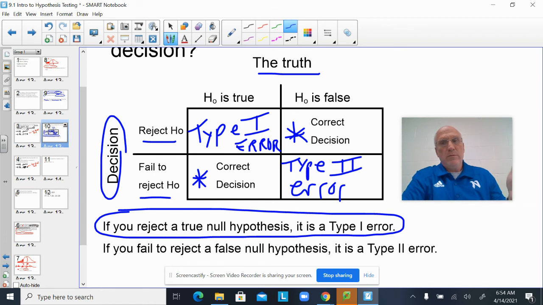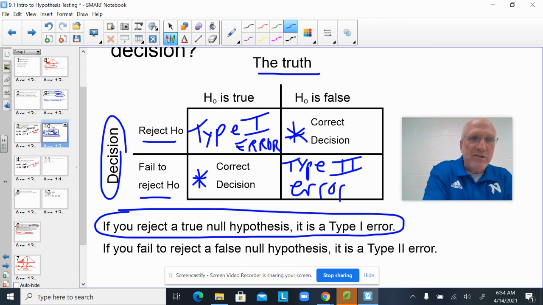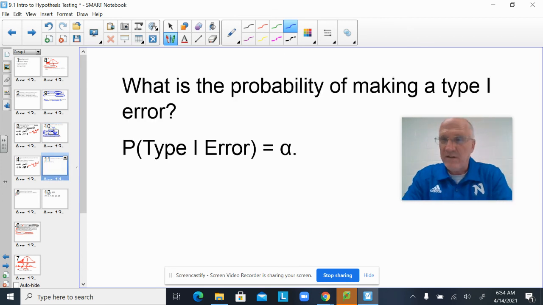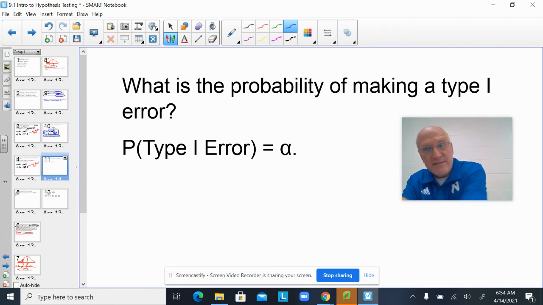Well, any p-value less than 5%, like if I happen to get a result that only happens 5% or less of the time, I'm going to reject the null hypothesis when I shouldn't. So it turns out, this is good news actually, that the probability of a type 1 error is in fact alpha. Whatever the significance level is, that's in fact what we're defining alpha to be.